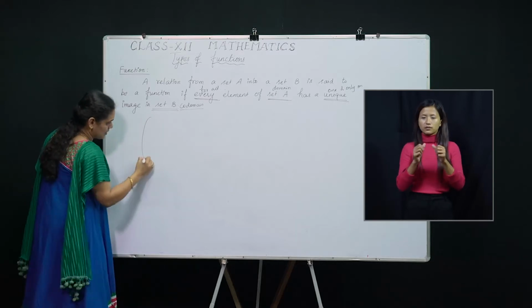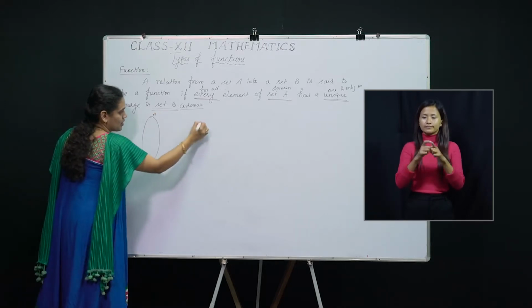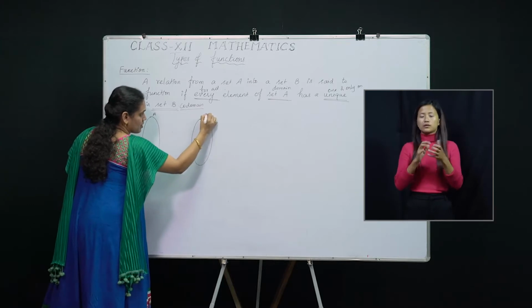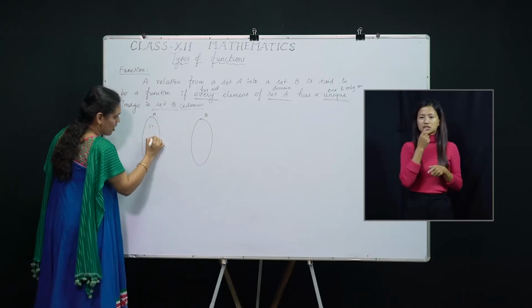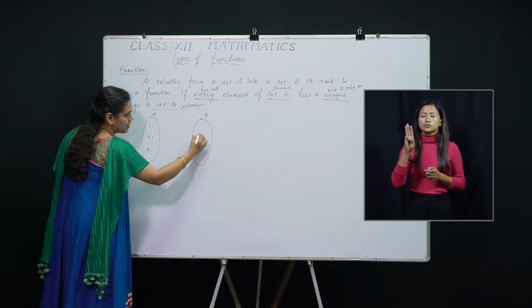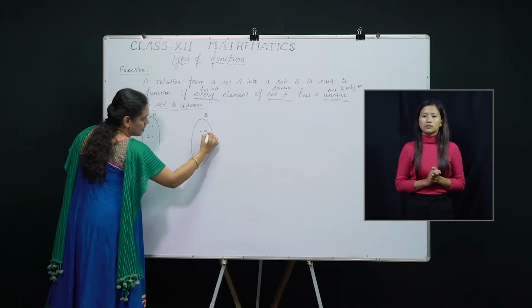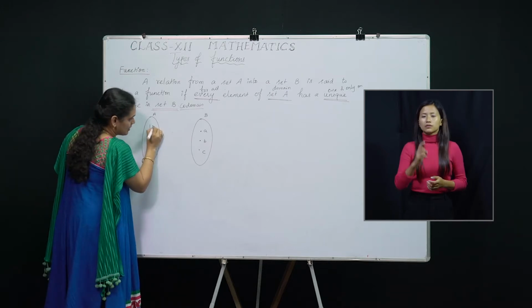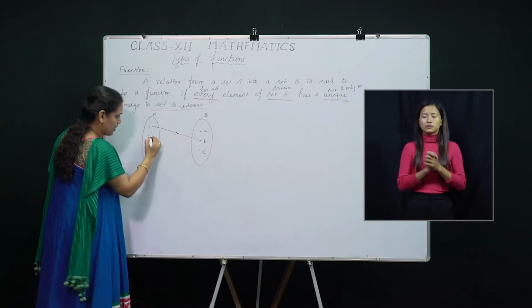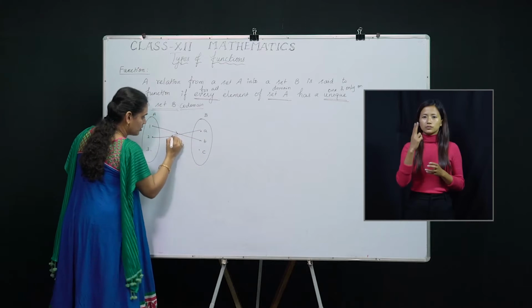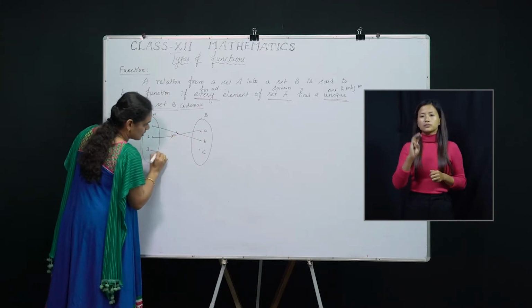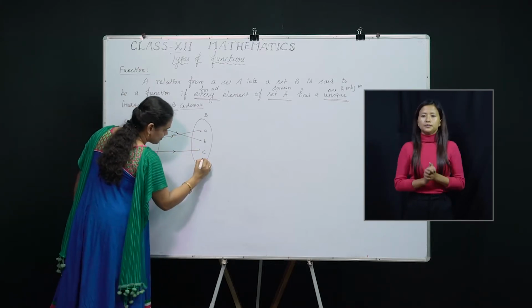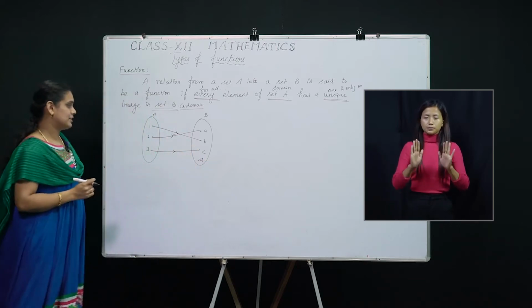Let us take a set A and set B. Here let me write 1, 2 and 3, and here maybe A, B, C. So 1 is related to B, therefore we draw an arrow here, and 2 is related to A, and 3 is related to C. Here we have one more element, that is D.